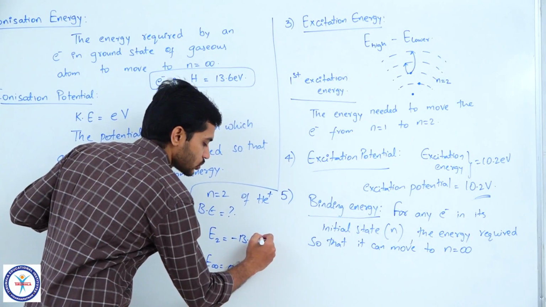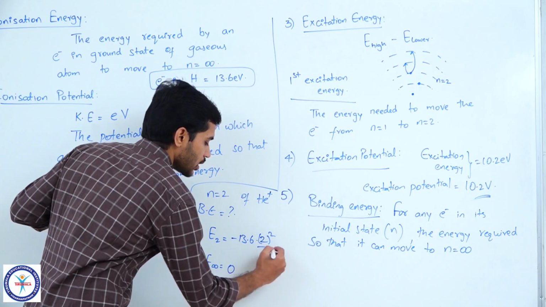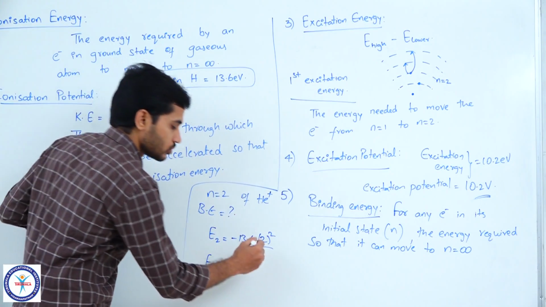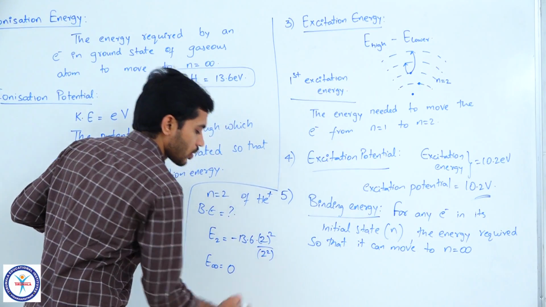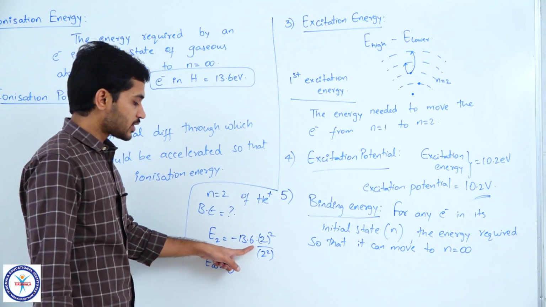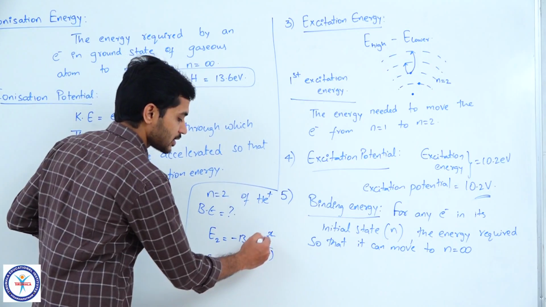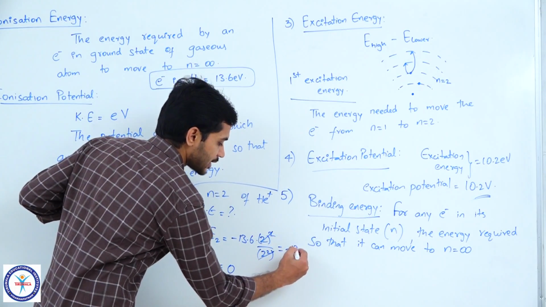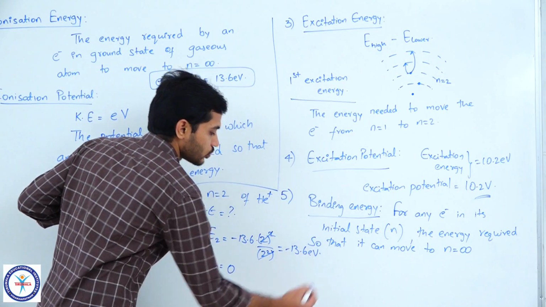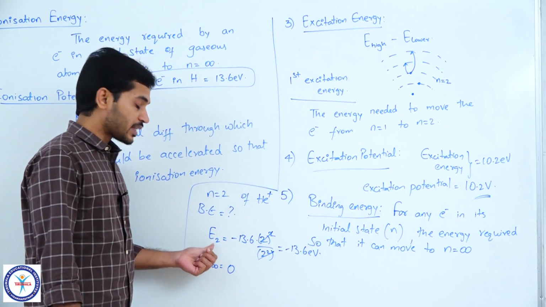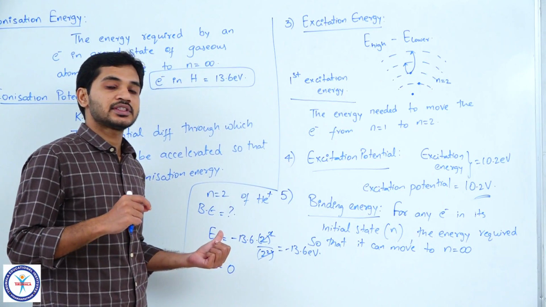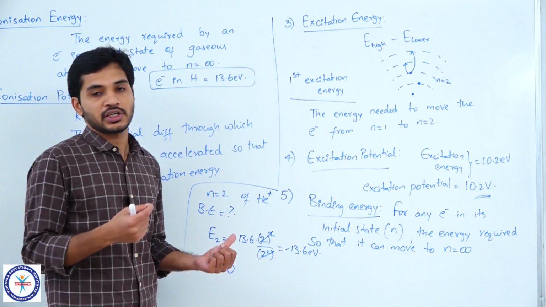Z is 2, so 2 square, and n is also 2, so 2 square. Now when I simplify this, I get the value as minus 13.6 electron volts. So, that is the energy of the electron in the second orbit of He plus.